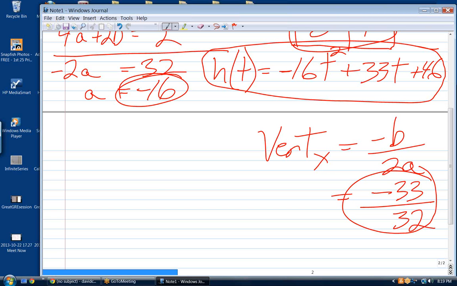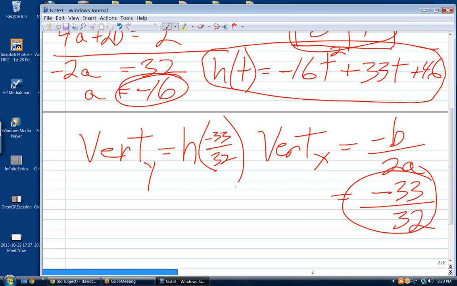So the y-coordinate would be this number plugged into this equation, whatever it comes out to be. So the y-coordinate is going to equal h of minus 33 over 32. Whoops, it's minus b over 2a, so this should be negative also.